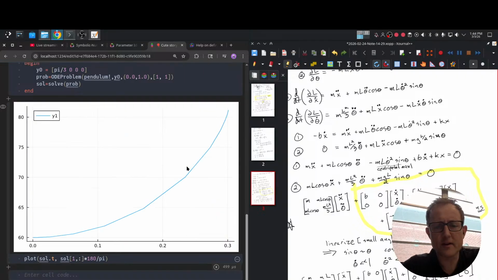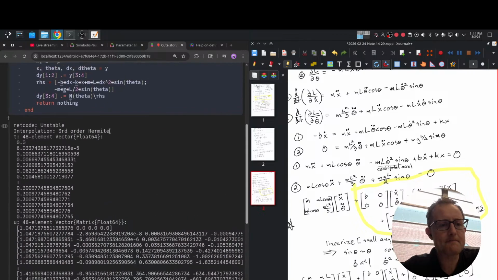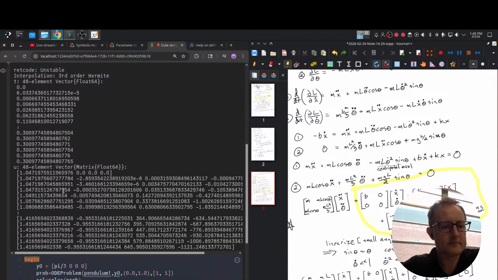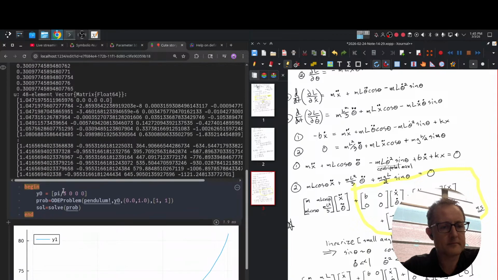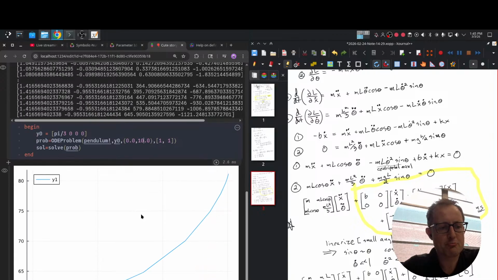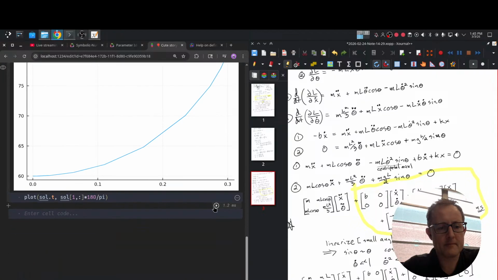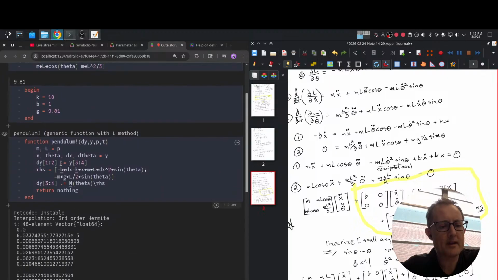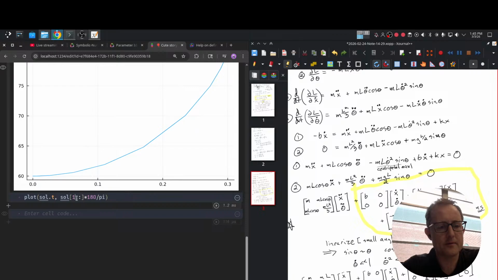Why is it only going to 0.3 seconds? I should be looking at number 2 to see.